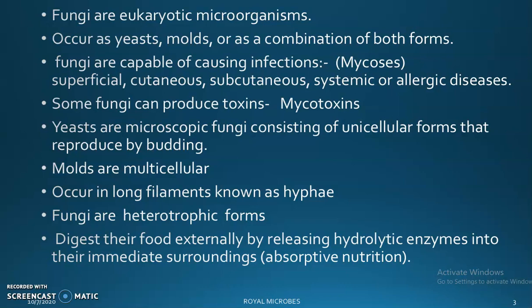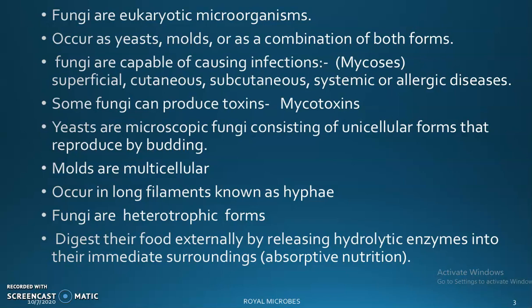Then, coming to the cellular organization, fungi have eukaryotic cells. They can exist as unicellular or multicellular forms. The unicellular form, as we all know, is yeast. The microscopic yeast is a unicellular form and it reproduces mainly by budding. Multicellular forms are long filamentous forms. They are molds and they form hyphae, and these hyphae form mycelium and so on.